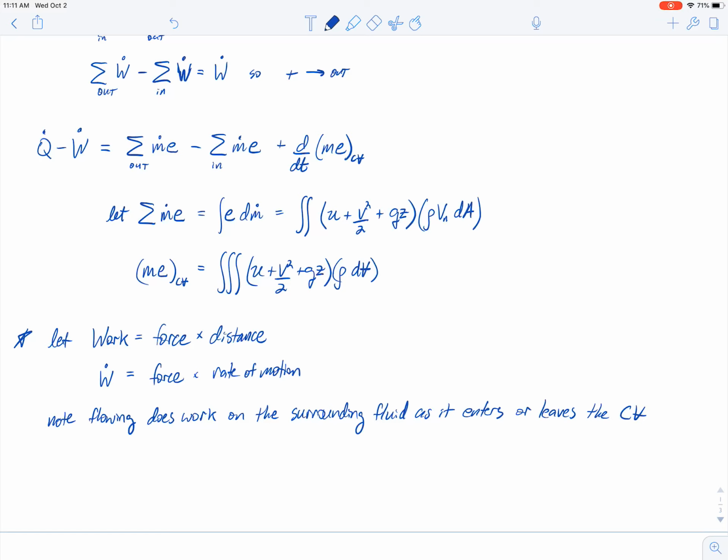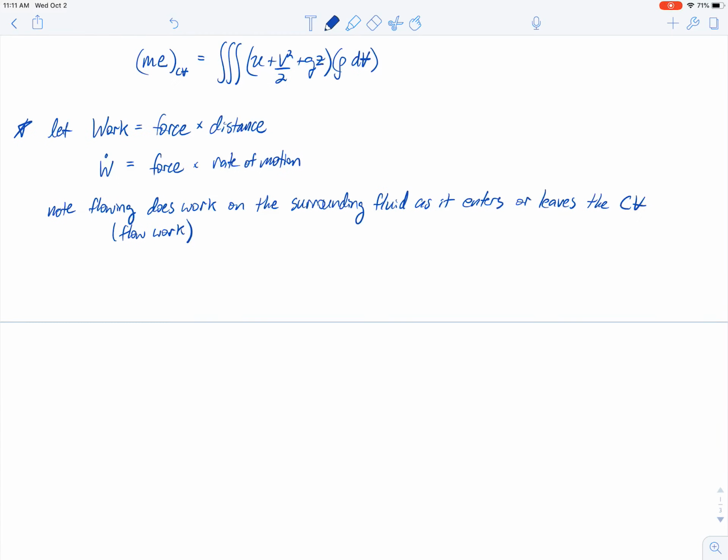So the flowing does work. I'm going to call this flow work conceptually. Let me try to draw a little schematic here to try to explain this further.